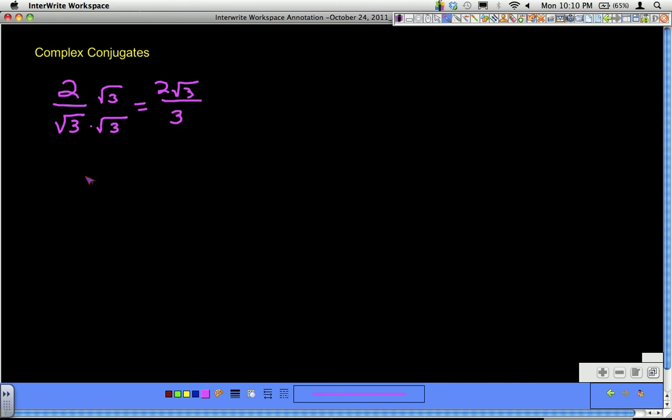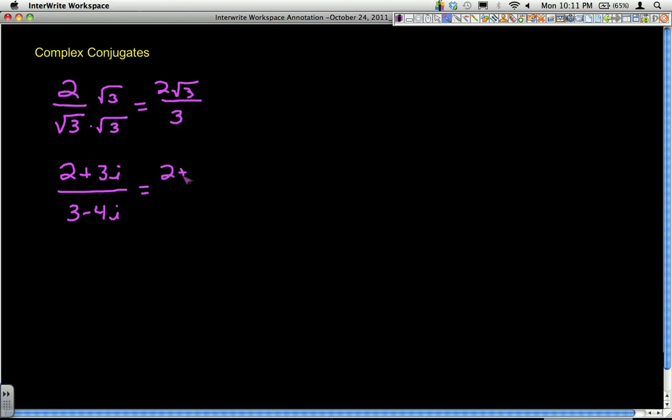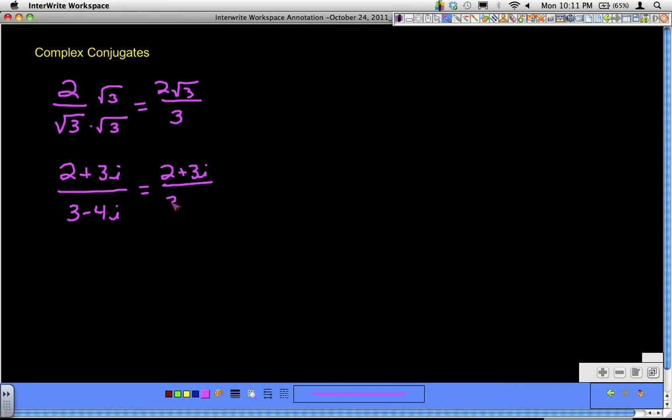Now the idea with complex conjugates goes this way. I could have 2 plus 3i on top and 3 minus 4i on the bottom, and if you remember, i stood for square root of negative 1, which means this would be the same as 2 plus 3i all over 3 minus the square root of negative 16.